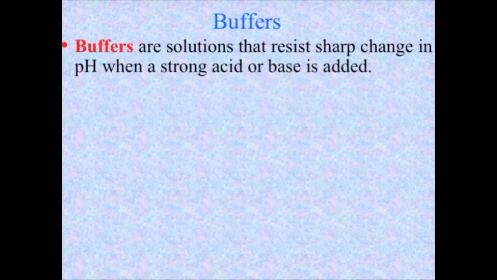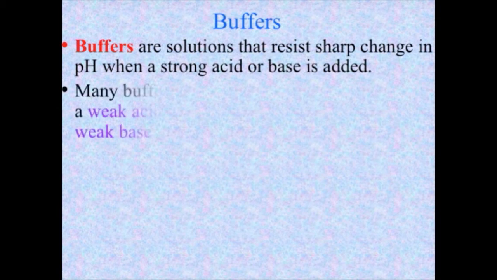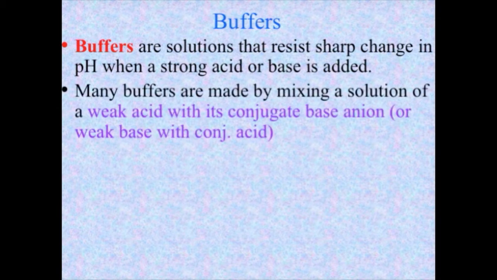Now we need to talk about buffers, which are solutions that resist sharp change in pH when a strong acid or base is added. Many buffers are made by mixing a solution of a weak acid with its conjugate base or a weak base with its conjugate acid.